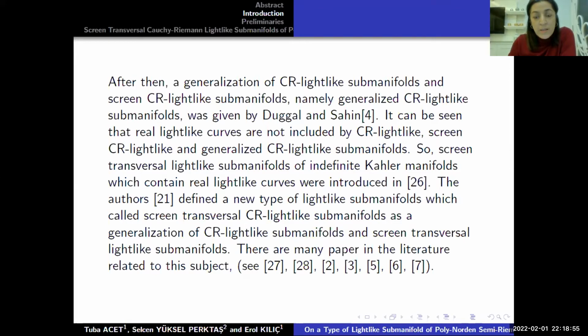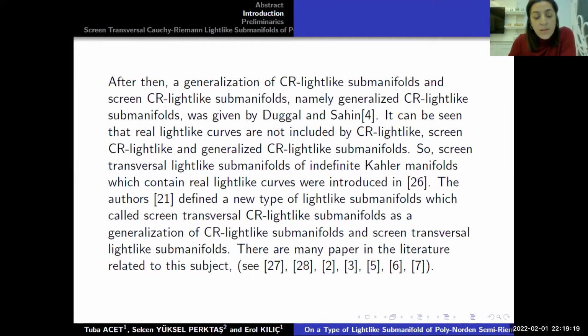But again, it is observed that the real lightlike curves are not included in these types. So screen transversal lightlike submanifolds of Kaehler manifolds, which contain real lightlike curves, were introduced in Duggal and Sahin's book again.